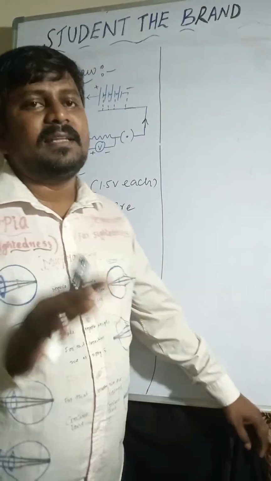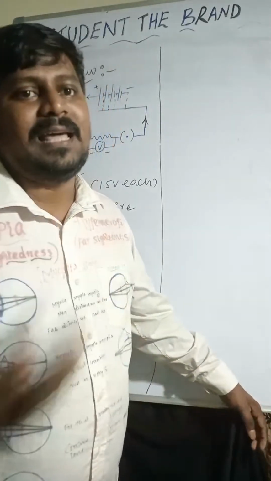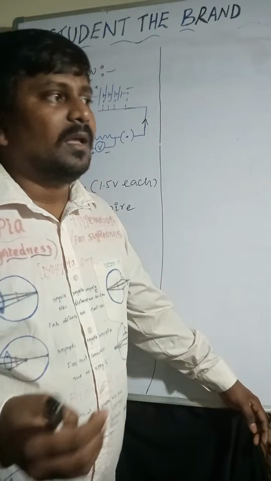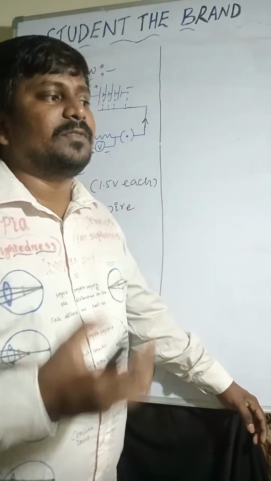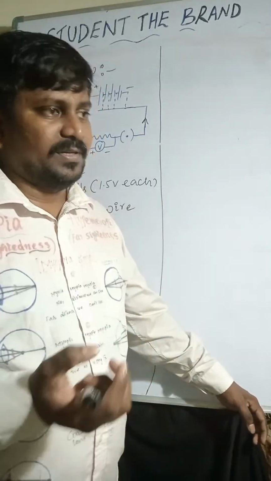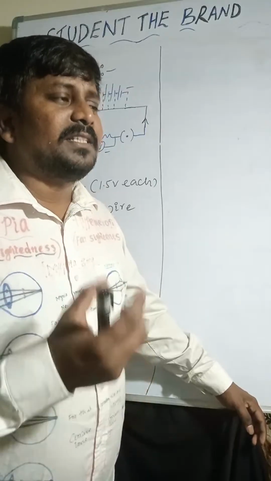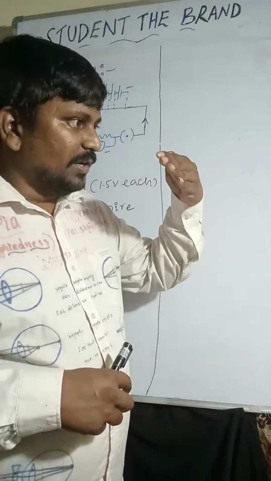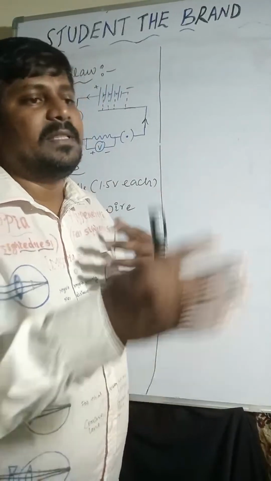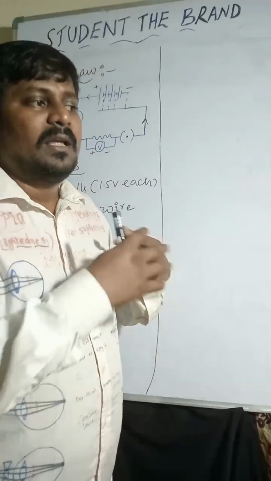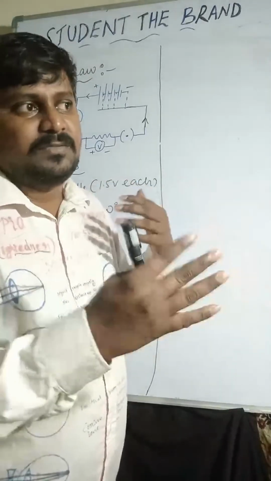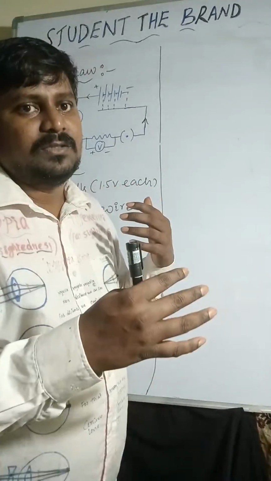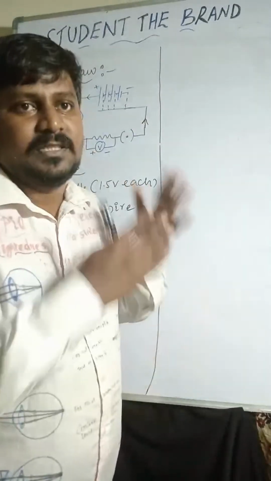Actually, an ammeter is a device which is used to measure the electric current. A voltmeter is a device which is used to measure the potential difference. Potential difference means difference in electrical pressure. In one place, high pressure will be there, another place low pressure will be there. Then some difference will be there, so we can identify how much difference it is.